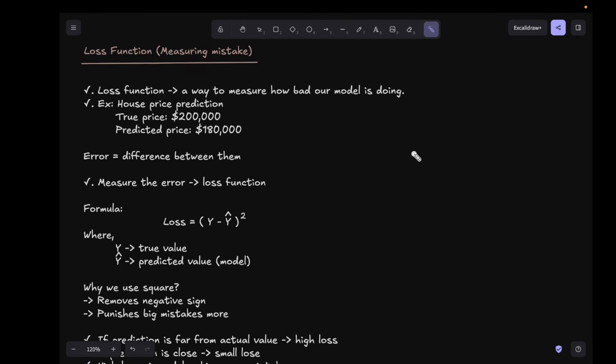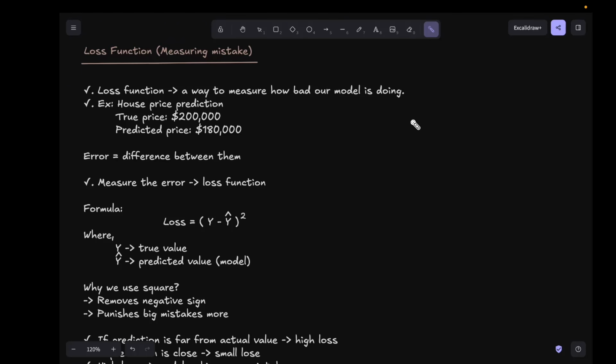So a loss function is just measuring the mistake. Before we can optimize something, we need a way to measure how badly our model is doing. If we know how badly the model is doing, then we optimize the model and get the best possible solution for it.